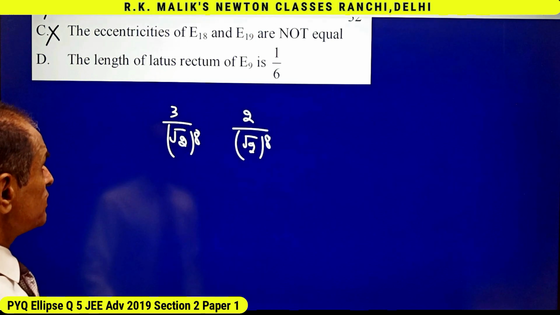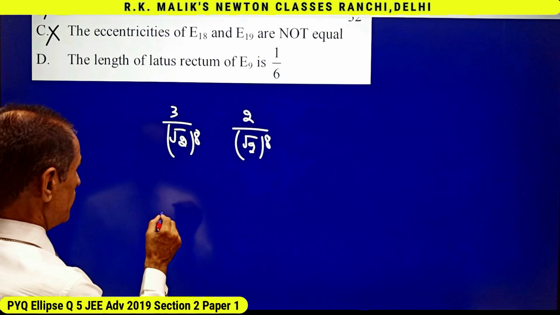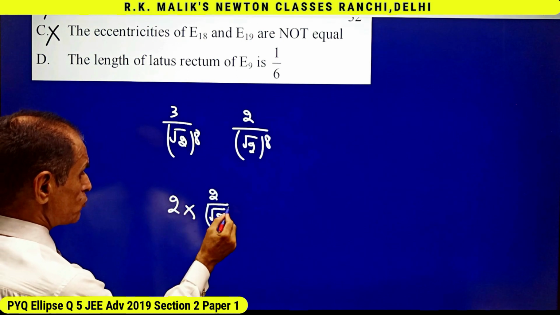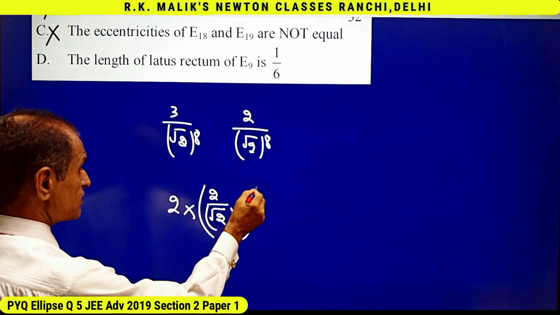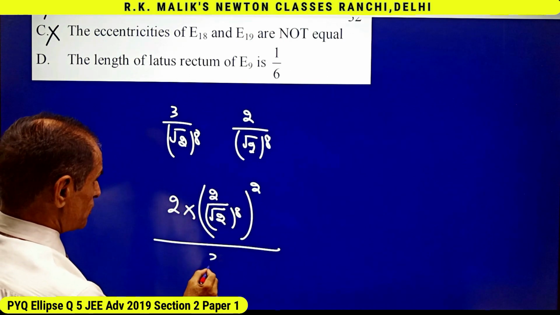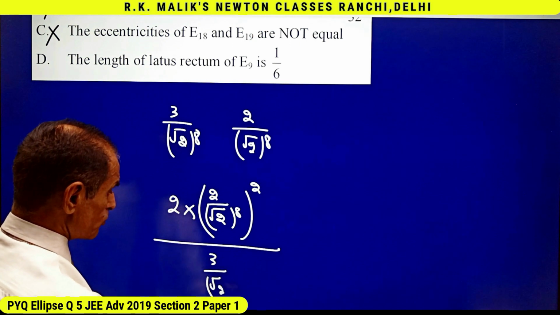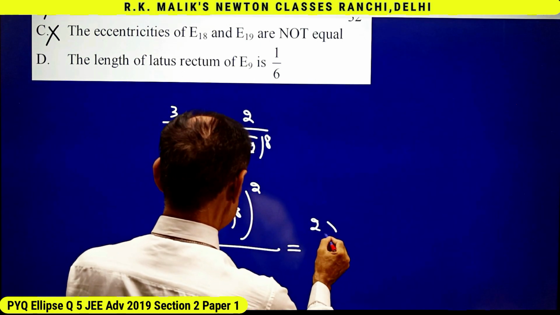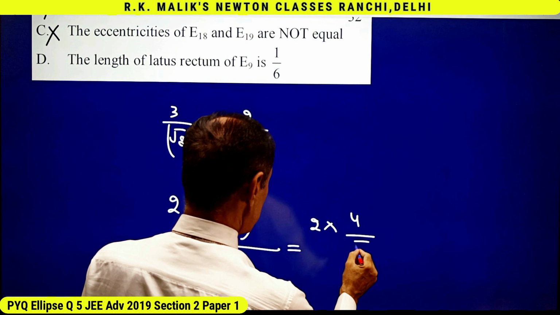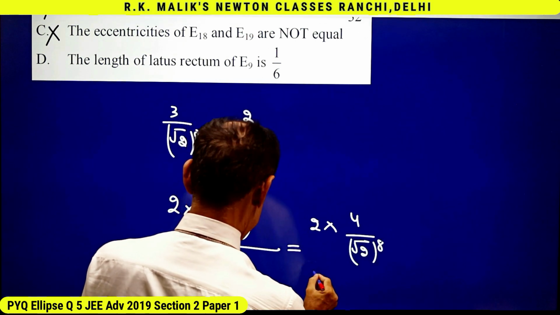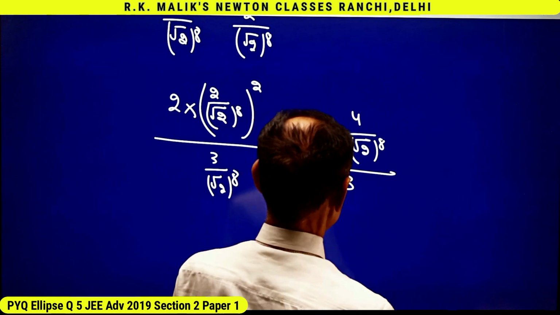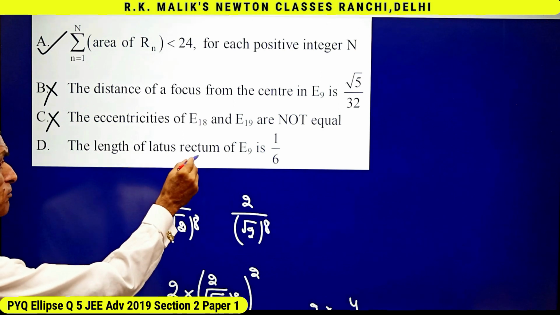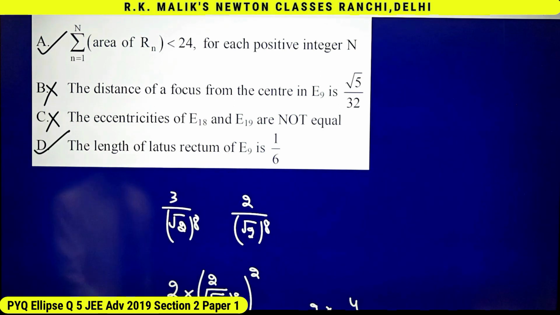Therefore, the length of the latus rectum of E9 will be 2 into 2 by root 2 to the power 8 whole square upon 3 by root 2 to the power 8, that is 2 into 4 by root 2 to the power 8 upon 3, that is 1 by 6. Hence the length of the latus rectum of E9 is 1 by 6. Choice D is the correct choice.